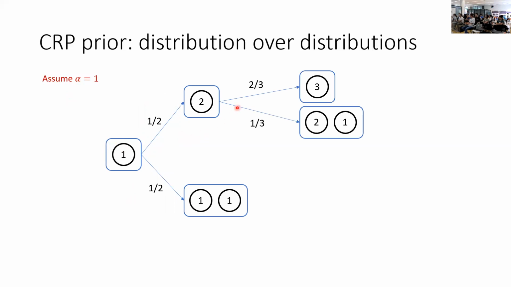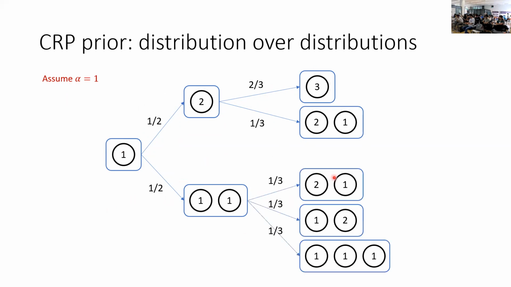And if now a third customer comes, then you can compute the probabilities of these different possibilities. Or for the second possibility, if a third customer comes, how it goes. Up to here, you have 3 customers, and you can see the probabilities associated with these different possibilities.